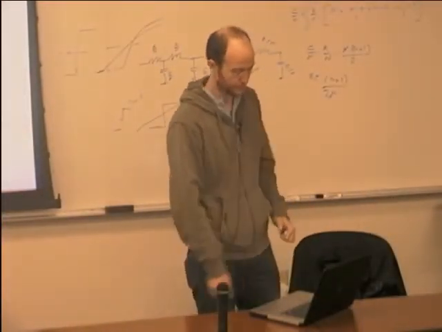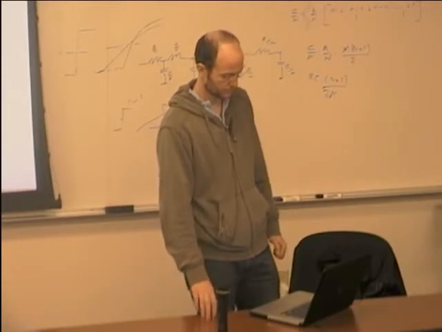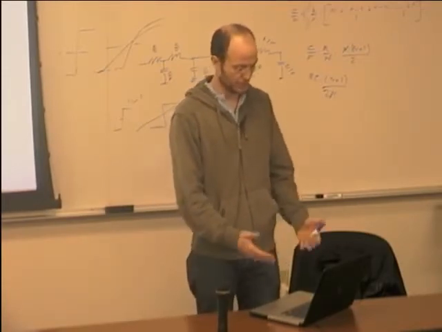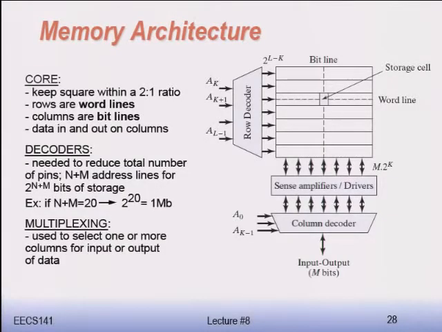I just showed you this organization, like a square. This guy selects a row, this guy selects a column, and then you read out just the intersection.